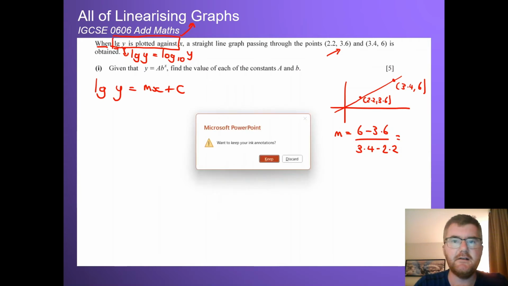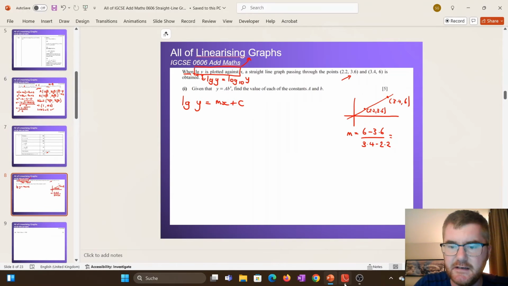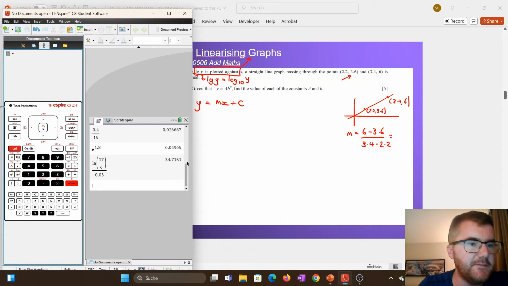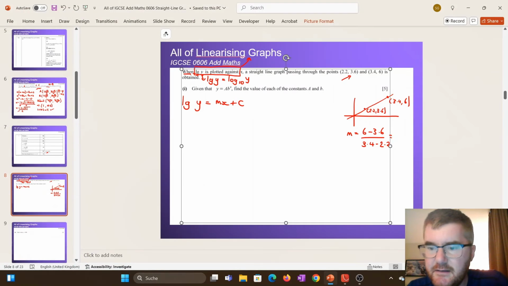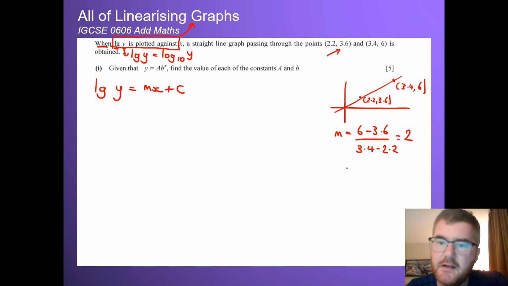Again, we can just use a calculator for this. Generally this is on a calculator paper, and I don't want to make silly mistakes, so why not use the calculator here? So 3.6 divided by 3.4 minus 2.2 gives us 2 exactly, which is kind of nice. So we know this equation has the form y equals 2x plus c.